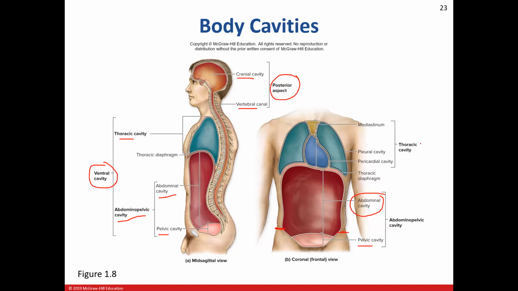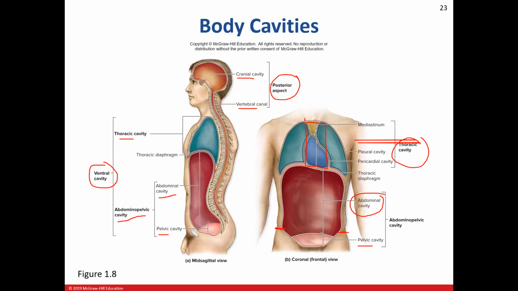And then you can see here, we subdivide the thoracic cavity into three subcavities. The mediastinum, which is basically this column-like structure here, right in the center. So if you feel on yourself where your sternum is, and that's that chest bone, okay, the mediastinum is directly behind that.